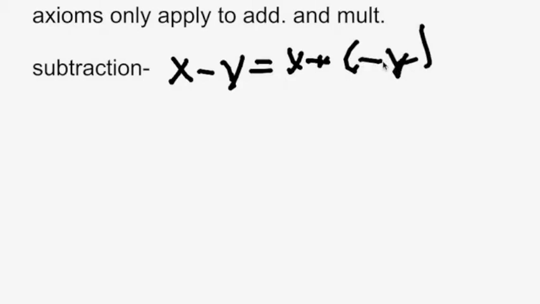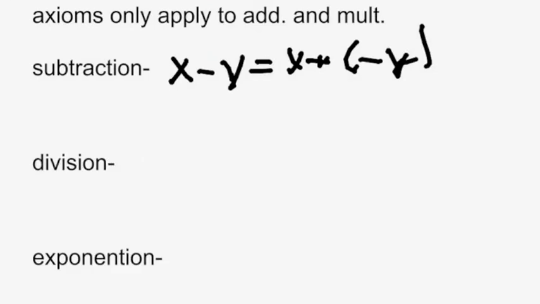Subtraction can be rewritten as the opposite of addition. So a typical subtraction, x minus y, can be written as x plus negative y, and because of that, it's rewritten as addition.